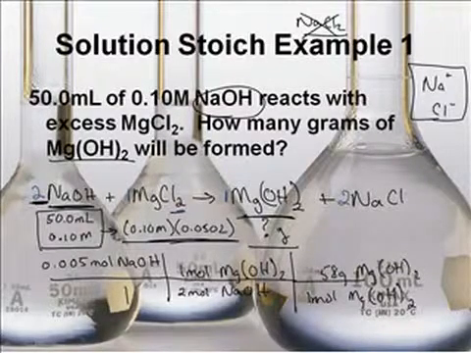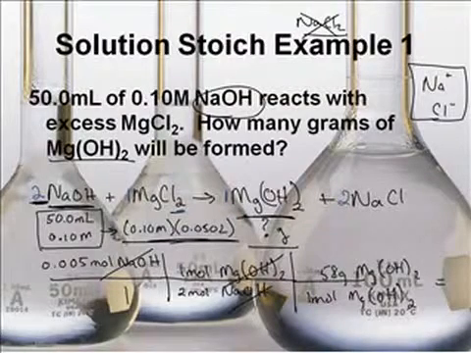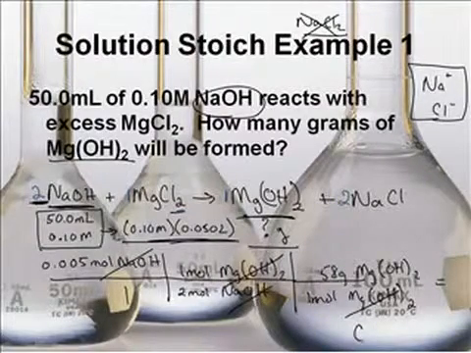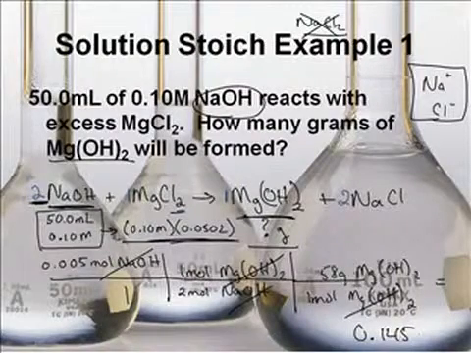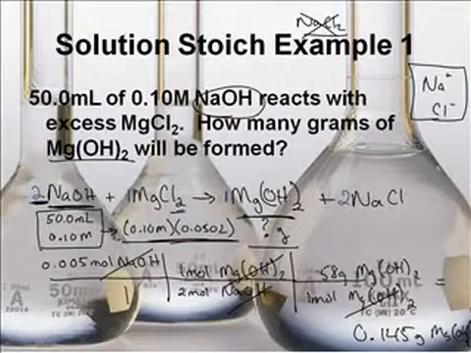Notice I have no naked numbers here, right? So the moles of NaOH cancels, the moles of the magnesium hydroxide cancels, and so I'm going to take my 0.005 number divided by 2 times the 58, and I get 0.145 grams of MgOH2. And that's the answer.